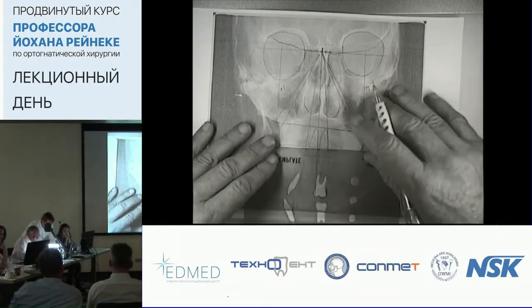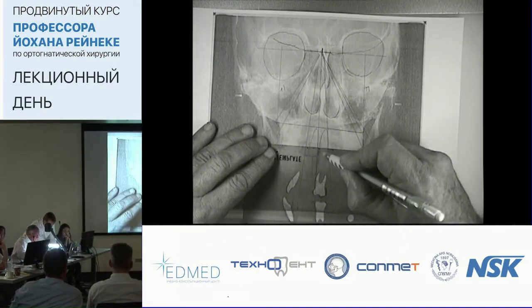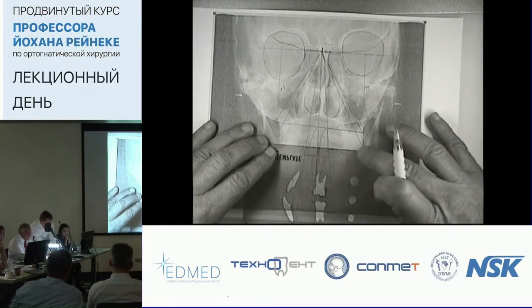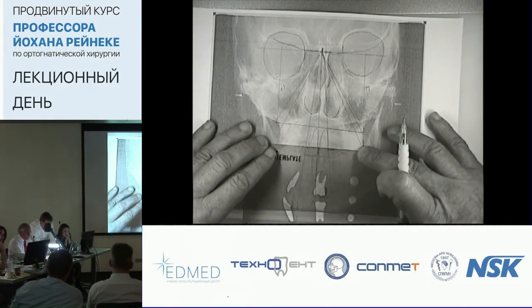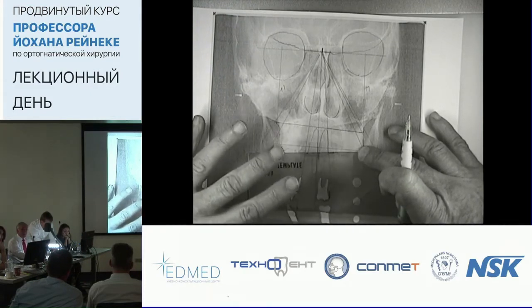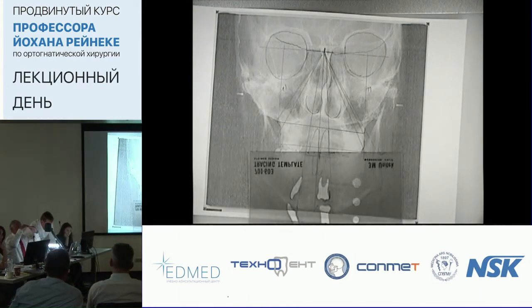Let's take an example. I'm going to use it like this, and this is the midpoint of the incisor. Now, if I use this and I'm going to downgraft on the one side, look where the midline's going. It's going to the rotation point. So I'm going to move the midline. So if ever you correct it, you've got to keep the midline in the middle of the face, unless you want to change it.